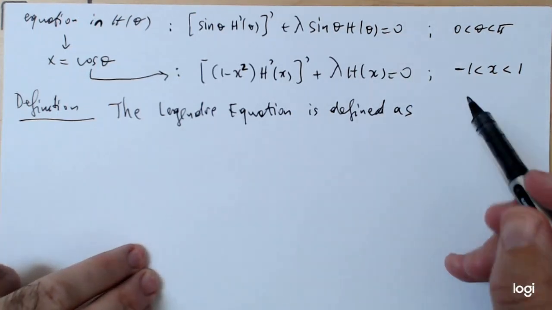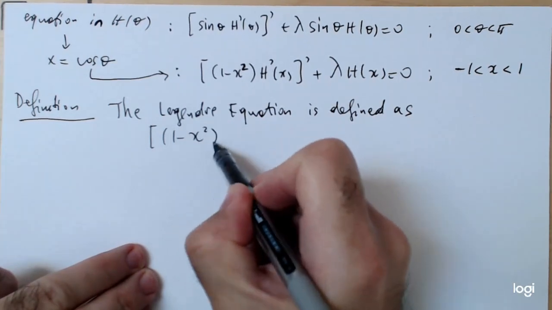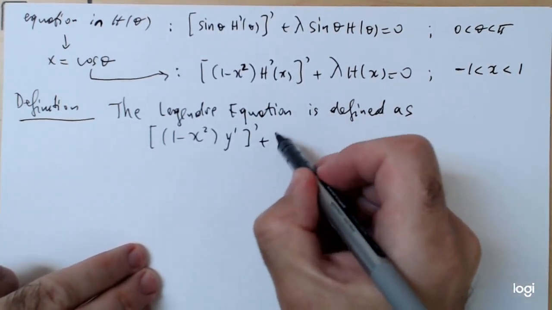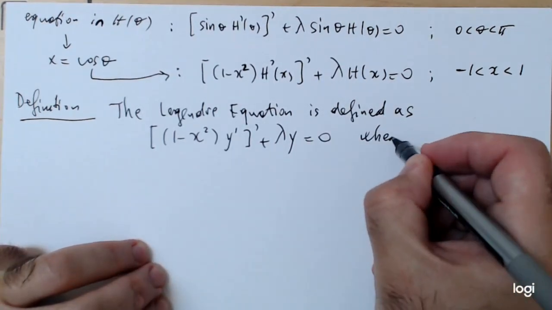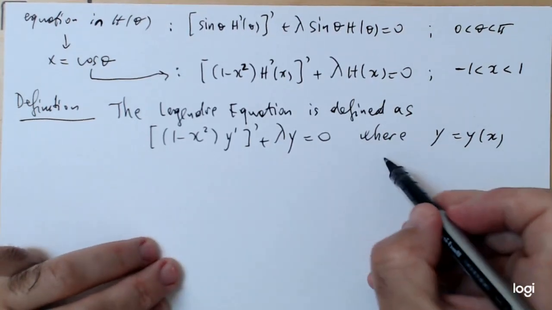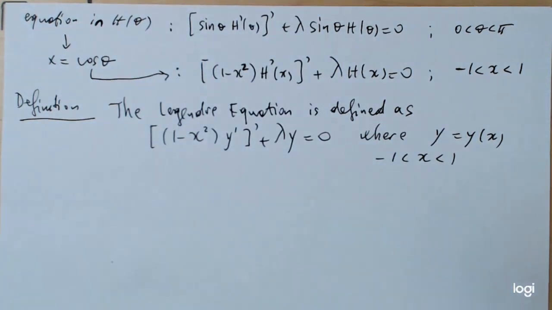So the Legendre equation is defined as (1 minus x squared y prime) prime plus lambda y equals 0, where y is a function of little x, and this may vary, but in this case, x is between -1 and 1.